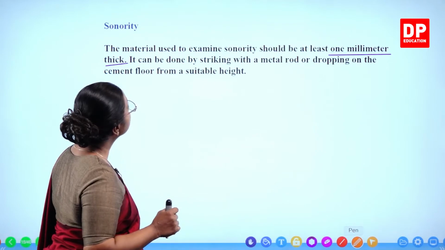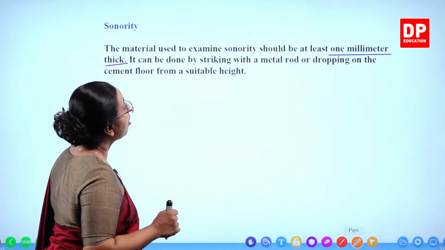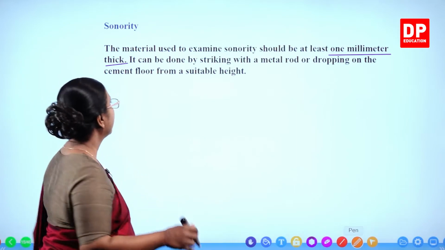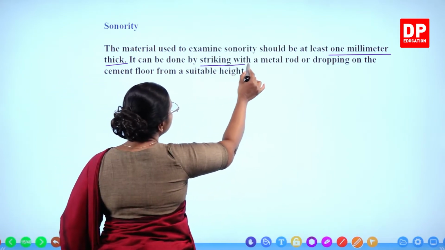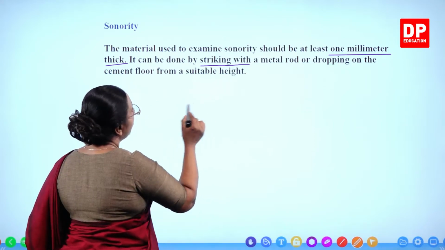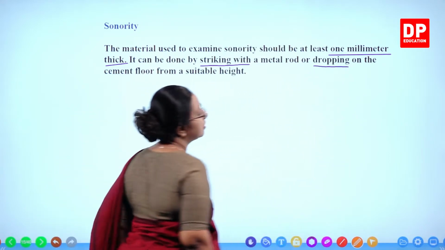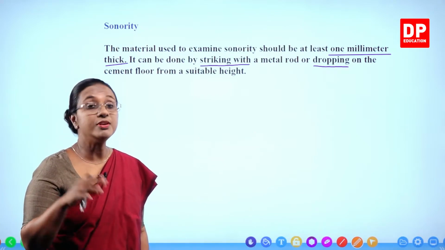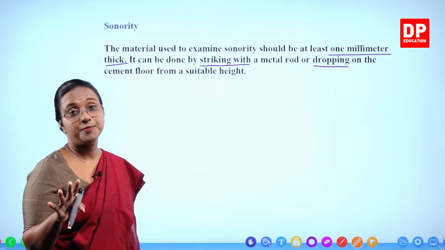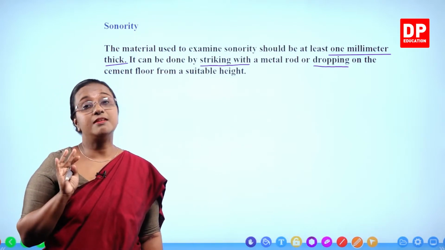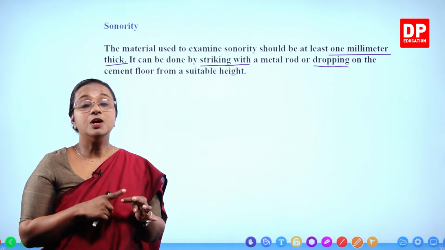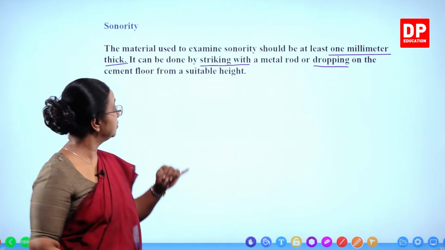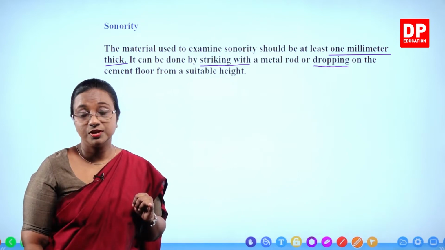It can be done by striking with a metal rod or dropping on the cement floor from a suitable height. So you can either strike it with a metal rod, then you will hear the sound, or you can drop it on the floor. Then also you will hear the sonorous sound if it shows the property. So here again you can remember, students. Iron, copper, zinc, aluminium, all those have sonorous sound.